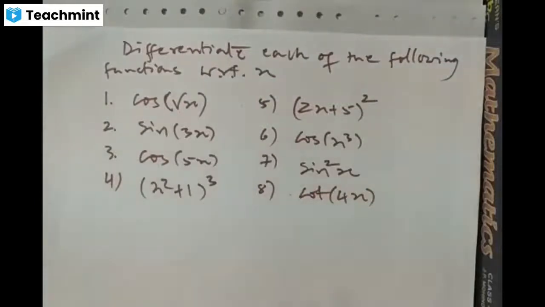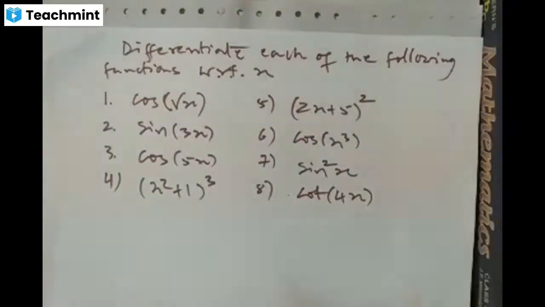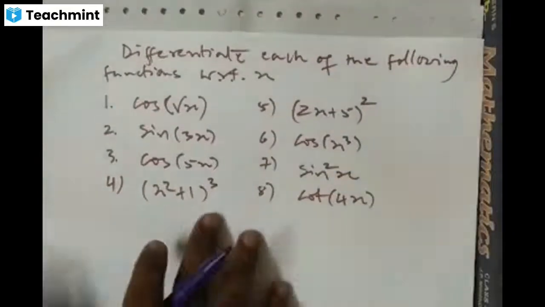So the first one, the given function is cos root x. We have to differentiate this function with respect to x. I will take the given function as y.